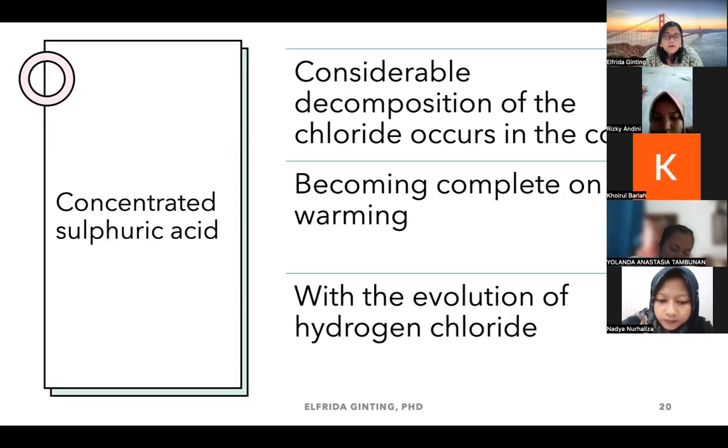At room temperature, a slight decomposition will happen, but once you warm it up, the decomposition of the chloride will be complete, and the hydrogen chloride will be released in the form of gas, hydrogen chloride gas.